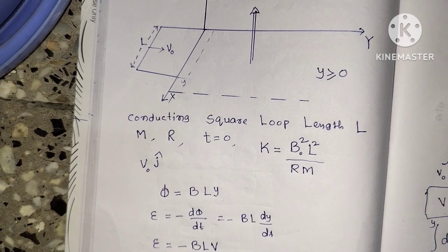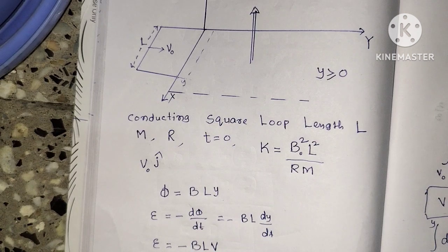Now option C. Option C is asked like this: if V0 is equal to KL by 10, the loop comes to rest at time t equal to 1 by k ln 5 by 2. Option C is wrong, because the velocity will be 0 at infinite time, not a particular time. So option C is eliminated.